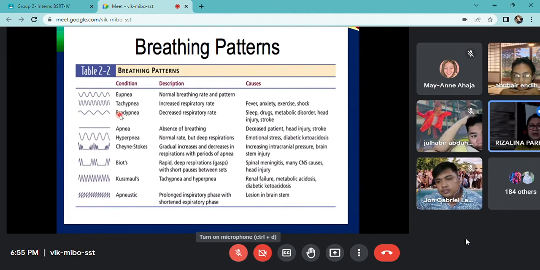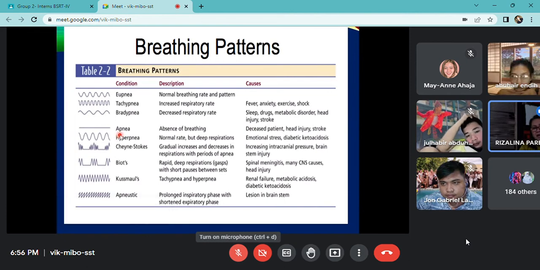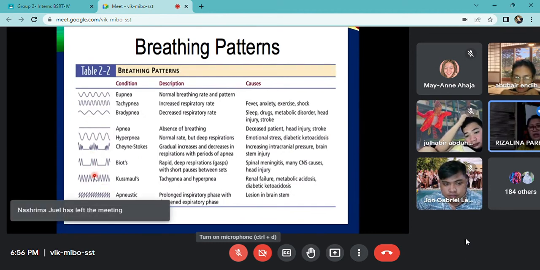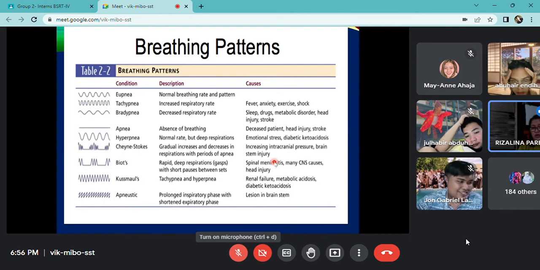And bradypnea, slow, decreased respiratory rate, possibly due to drugs, deep sleep, metabolic disorder, head injury, or the patient had a stroke. And apnea, this is its picture. They can show a diagram of the breathing pattern and then ask what the clinical condition is. Okay?